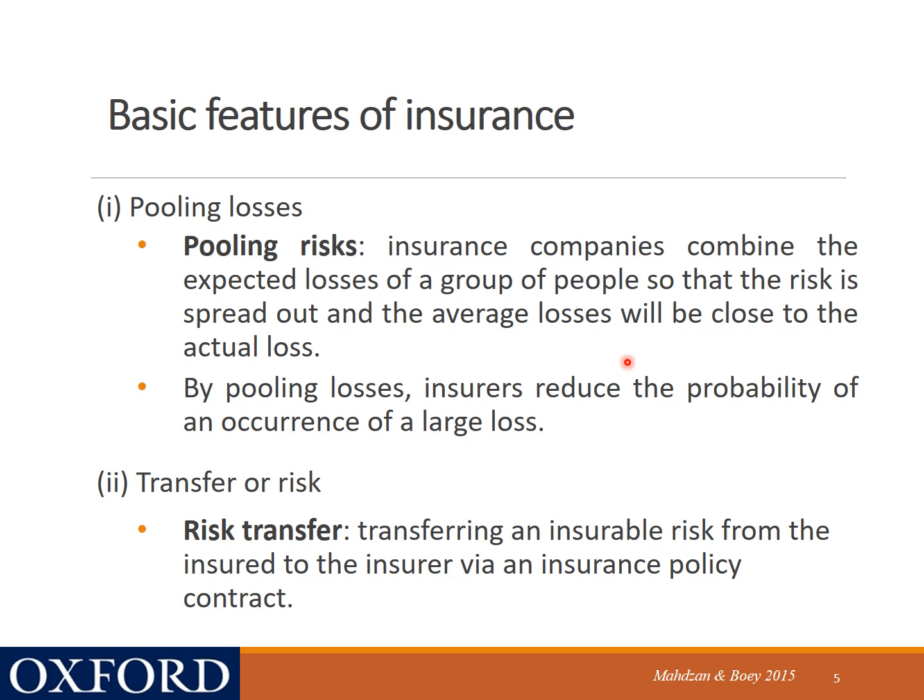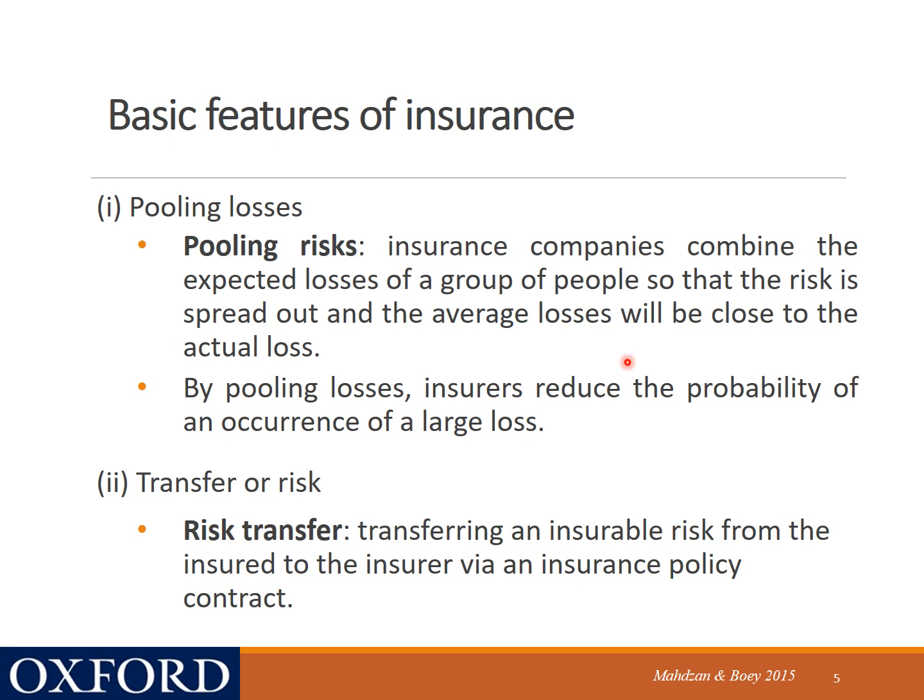the insurance company is able to predict the risk with more accuracy, because we've learned last week, in the previous chapter, that the standard deviation for expected loss will become smaller when many more people are pooled, when we pool their risk.